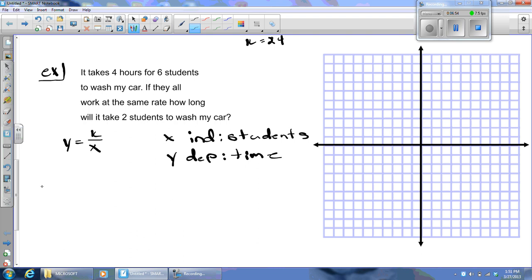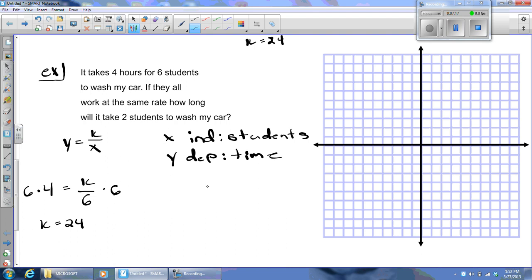Y is our time, so 4 equals k over 6. We're going to solve for k, so multiply by 6 on both sides. So k equals 24.